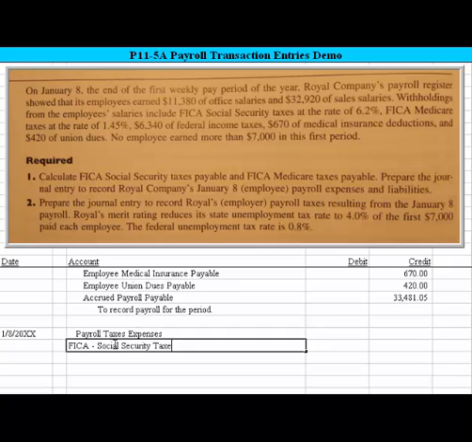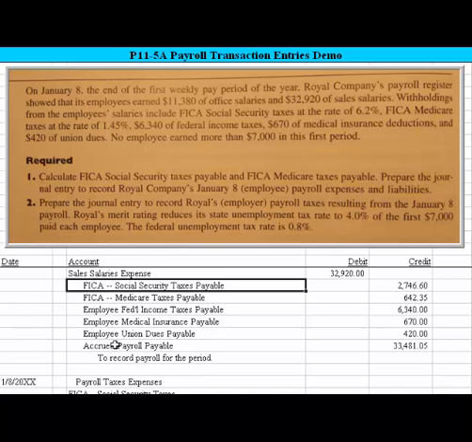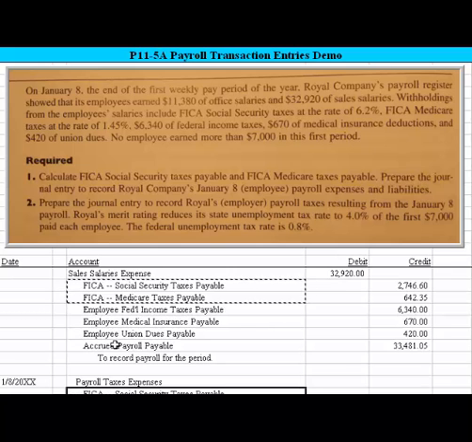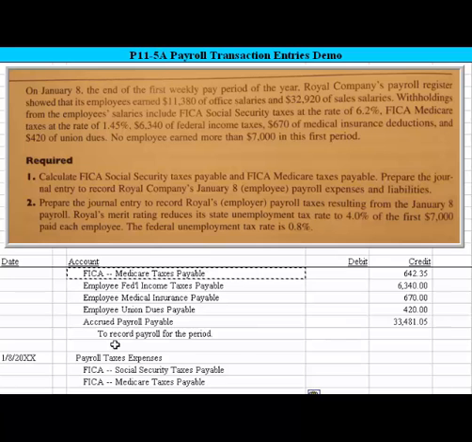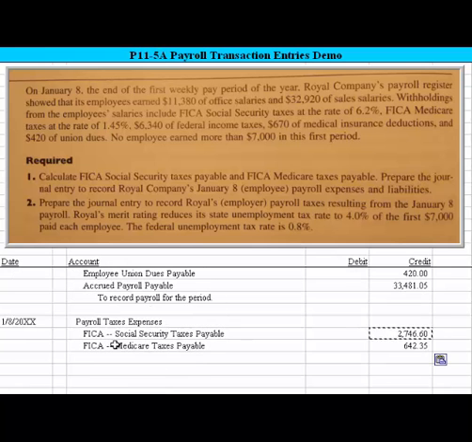And you know what? Rather than type this, since the dollar amounts are exactly the same as above, why don't I just copy this here. Let me slide down so you can see what I'm doing. I've copied from above, and the exact same dollar amount, since it's half paid by the employer, half paid by the employee, will appear.